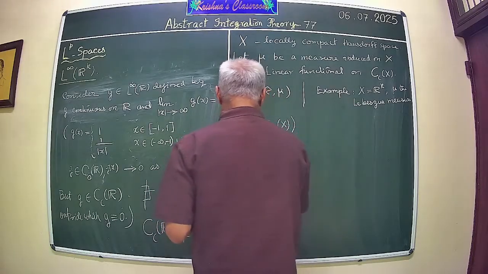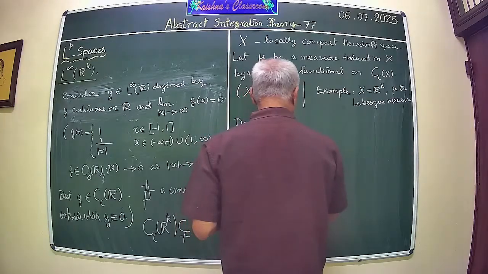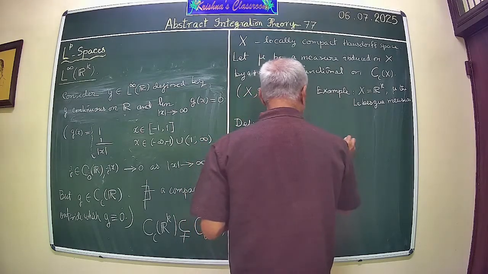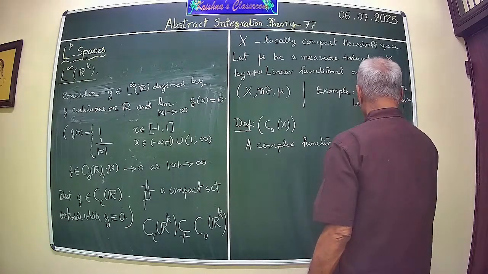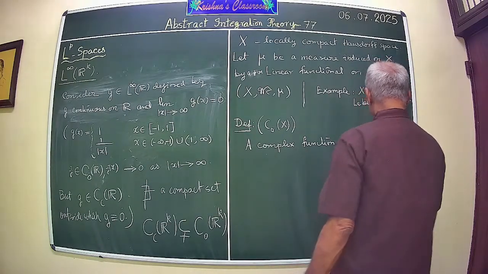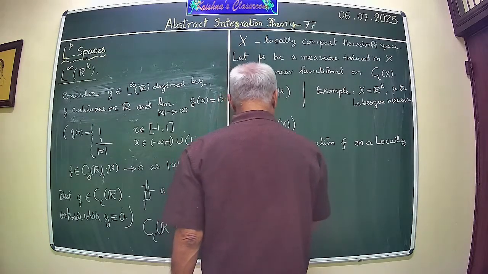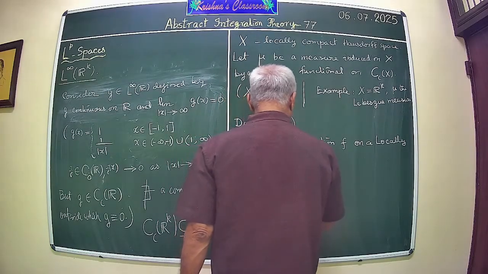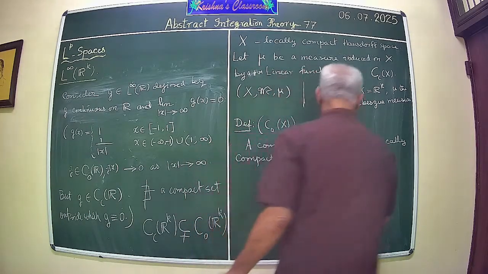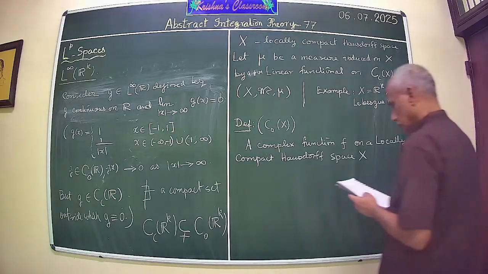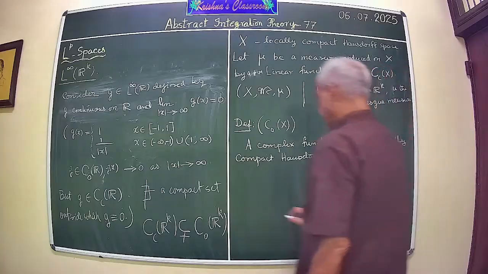A complex function f on a locally compact space X is said to vanish at infinity.